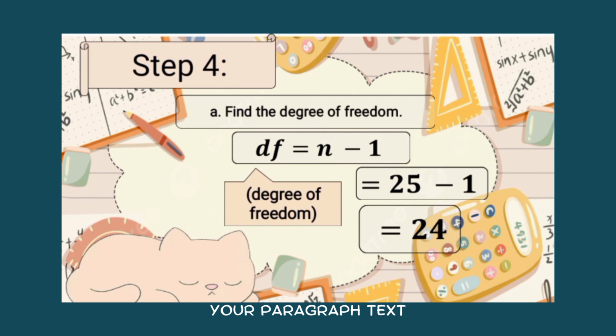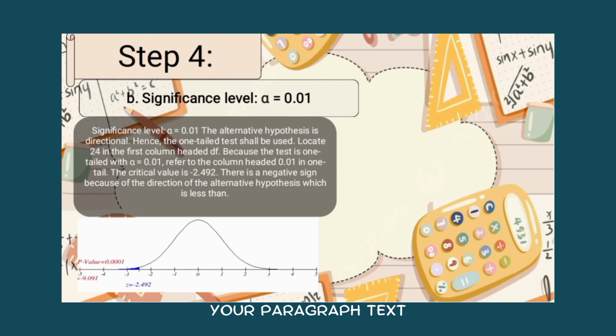And next, significance level. Alpha is 0.01. The alternative hypothesis is directional. Hence, the one-tailed test shall be used.